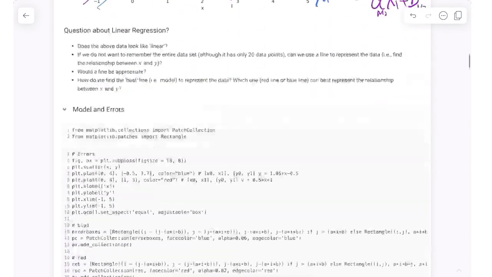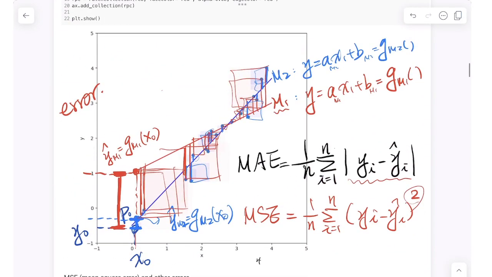And the second thing is that in a later class, we will teach you some other ways to evaluate or compare different models. MAE and MSE are two of the popular ones. But you as an analyzer have to decide which comparison function, MAE or MSE or some other function, you would like to use.